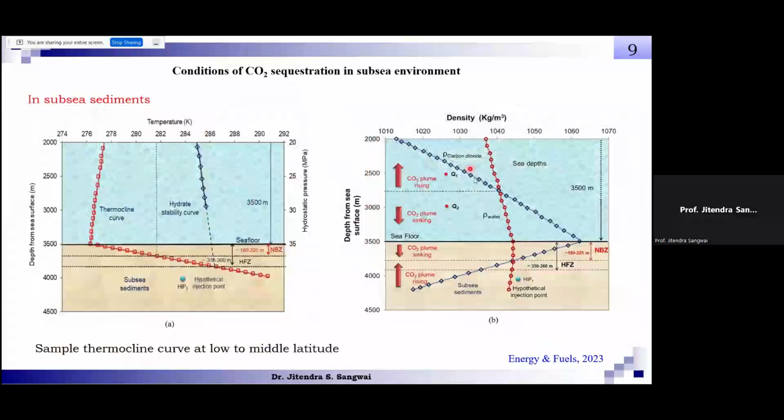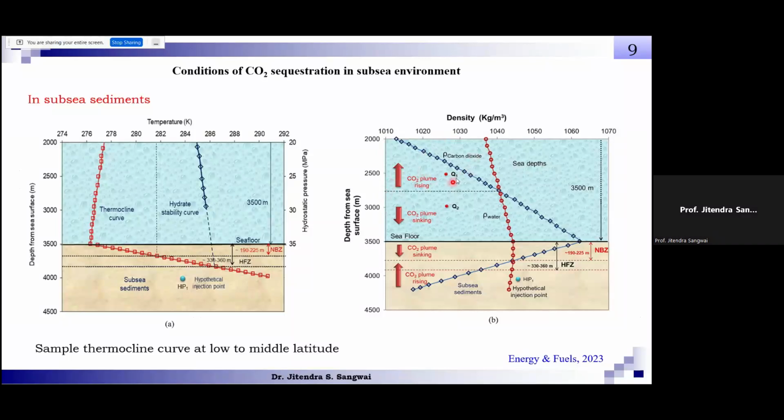Right, so at 4 degrees centigrade, if I look at the density of the carbon dioxide, it shows that the density increases continuously. At a certain depth, it becomes more than water. That depth is about 2,800 meters, somewhere here.